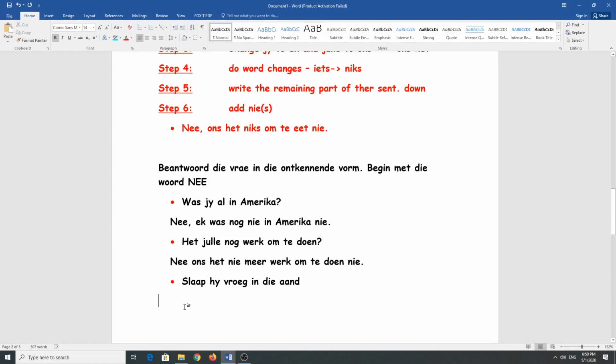Last one, slaap hy vroeg in die aand? I'm going to say nee. Swap slaap and hy around, verb and subject. Hy slaap. I didn't change hy because it's not julle or jy.